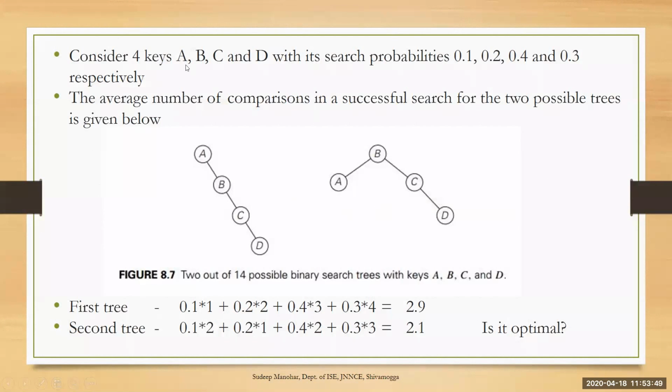For 4 nodes you get 14 trees, but for 5 nodes the number of trees increases. For 10 nodes or 100 nodes, there will be a huge number of different binary search trees. Plotting so many binary search trees and calculating this way is not a feasible method to find the average number of comparisons.